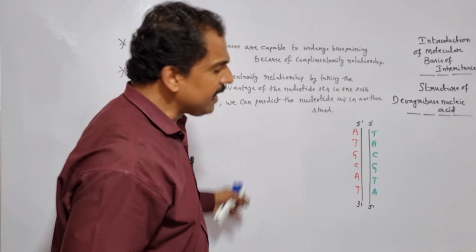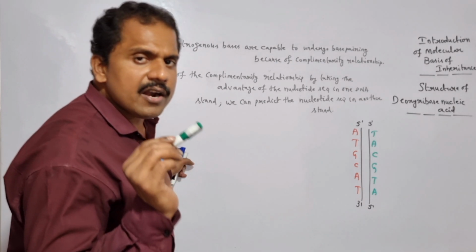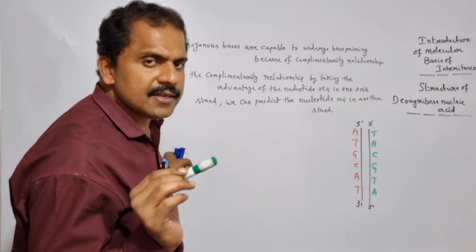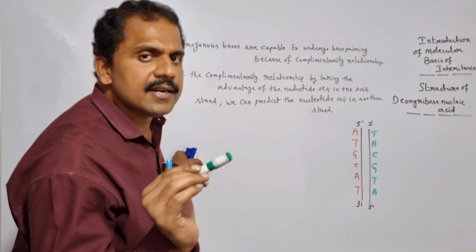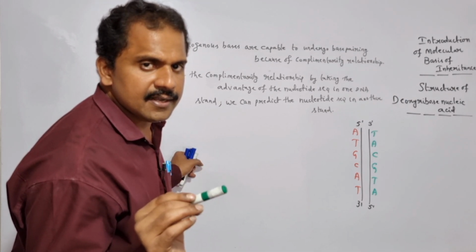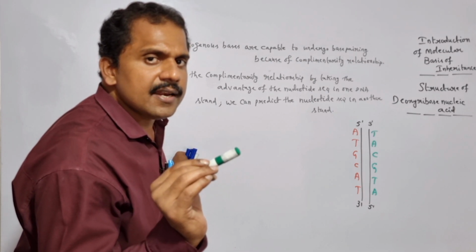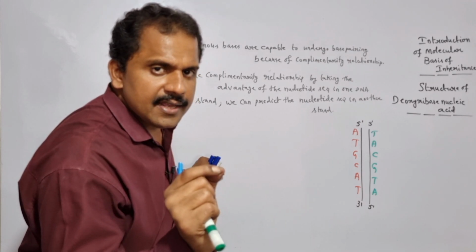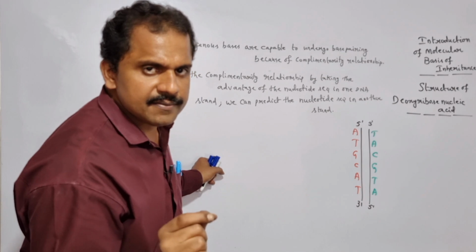Is it clear? And both the strands of the DNA act as template in order to regulate the replication mechanism. During replication, from one parental double-stranded DNA, a daughter double-stranded DNA is synthesized. In order to synthesize the daughter double-stranded DNA from the parental double-stranded DNA, both the single-stranded DNAs act as template to regulate the replication mechanism.